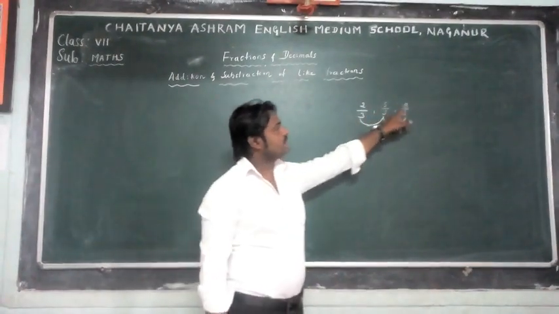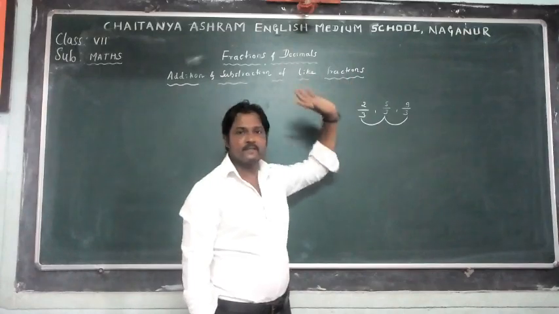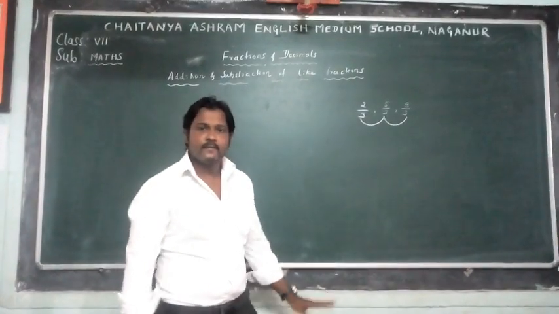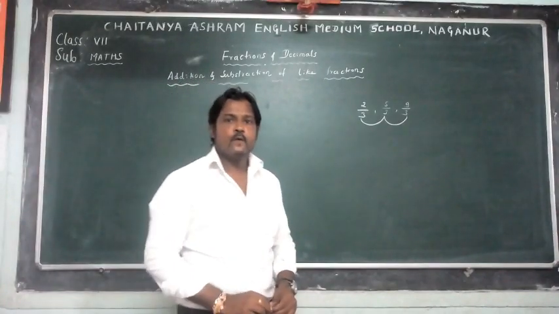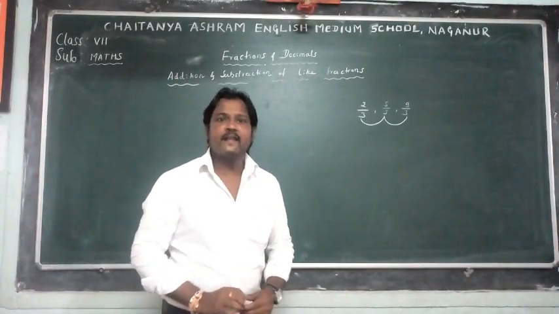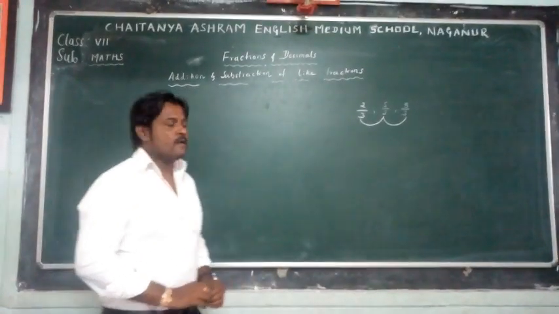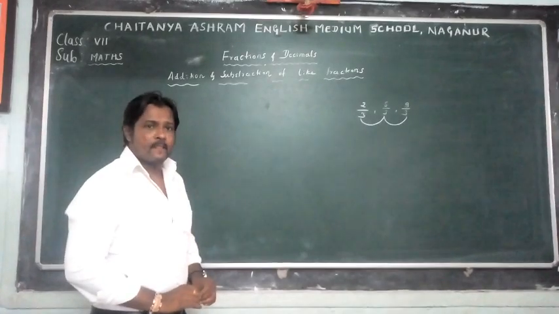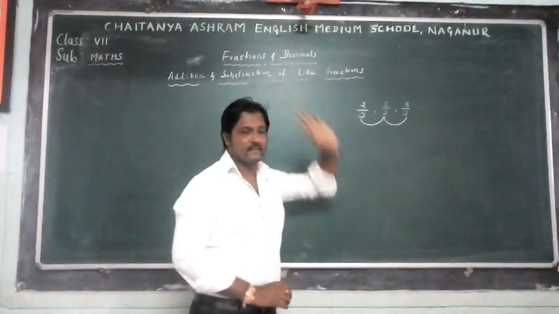So such fractions are called what? Like fractions. Clear? This we studied in part 1 video. Today we are going to learn addition and subtraction of fractions. Especially first we learn addition and subtraction of like fractions.